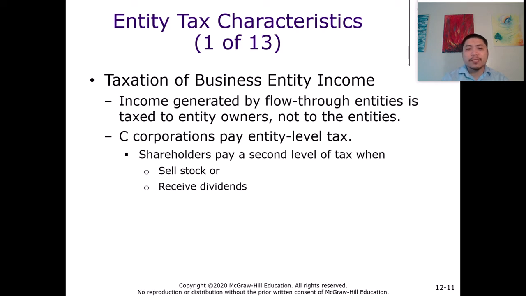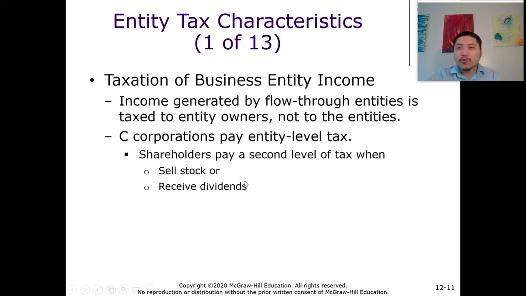The business owners have to pay tax at the corporation level at 21%, and then once the after-tax income is distributed to them through either dividends or when they sell the stock, they have to pay tax a second time. This is what they call double taxation, and it's a drawback of forming a corporation, because there are two levels of tax that you have to pay.